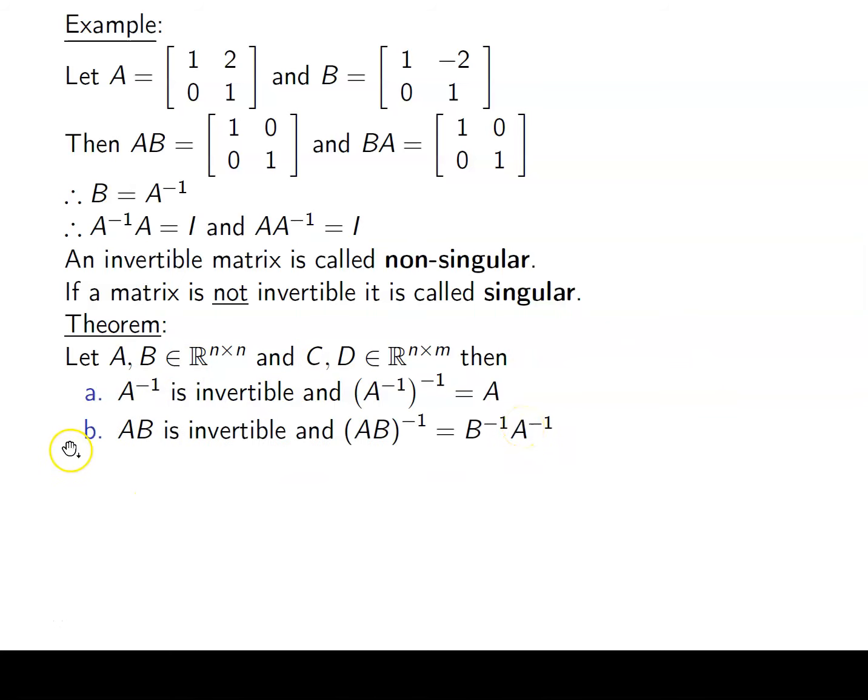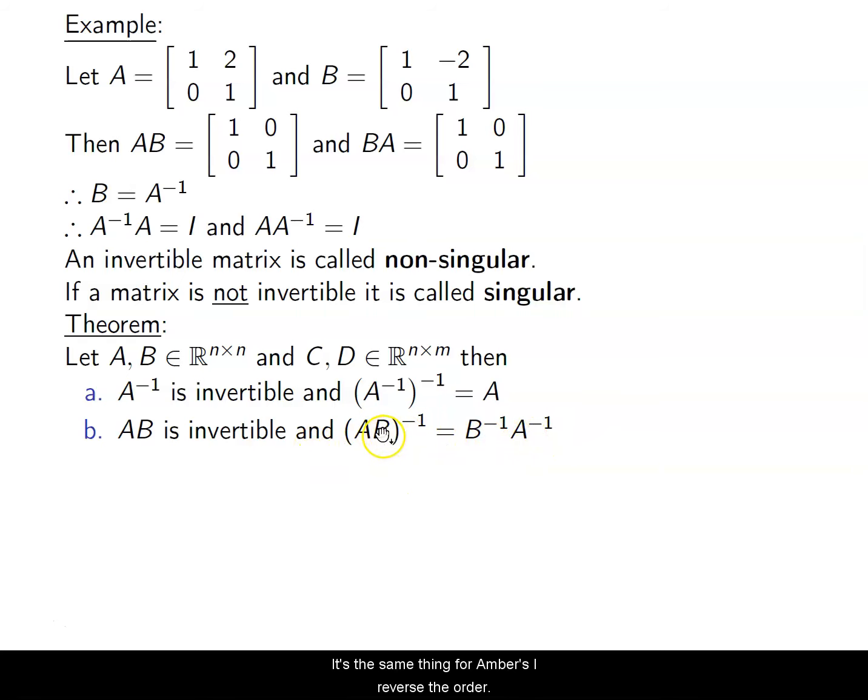A times B is invertible, and the inverse of AB is going to be B inverse A inverse. So this is important. Remember what we talked about for the transpose. If I have two matrices being multiplied together and I take the transpose of that, it was the same thing as reversing the order and taking the transpose of each.